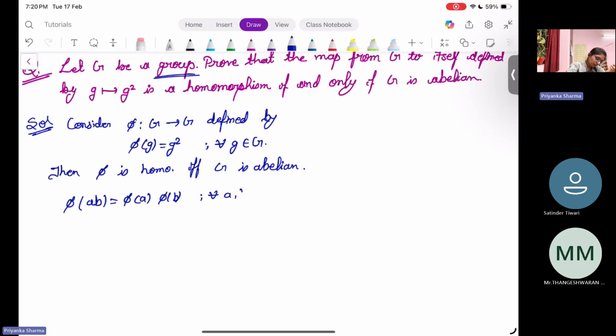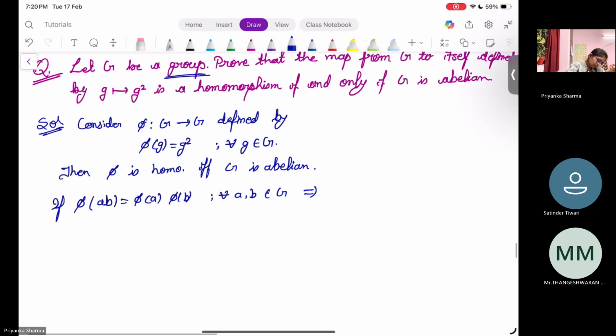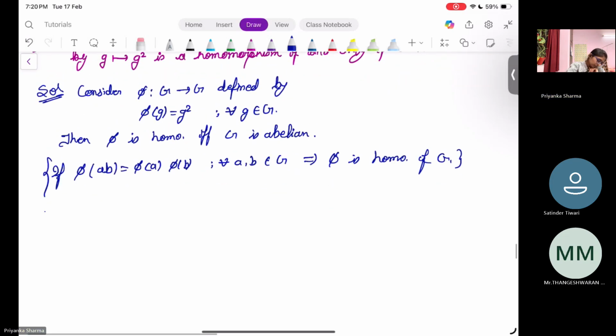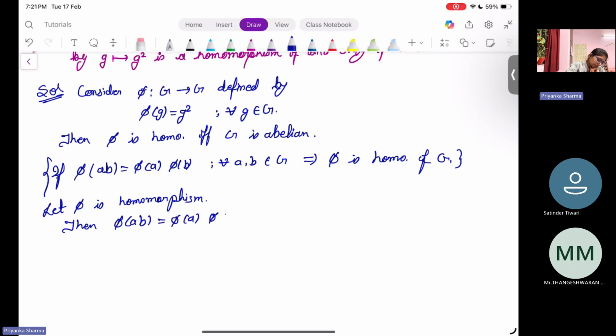If this is true for all a and b belongs to G, then we say that phi is a homomorphism. So let phi be a homomorphism. Then we have phi of ab is phi of a into phi of b.